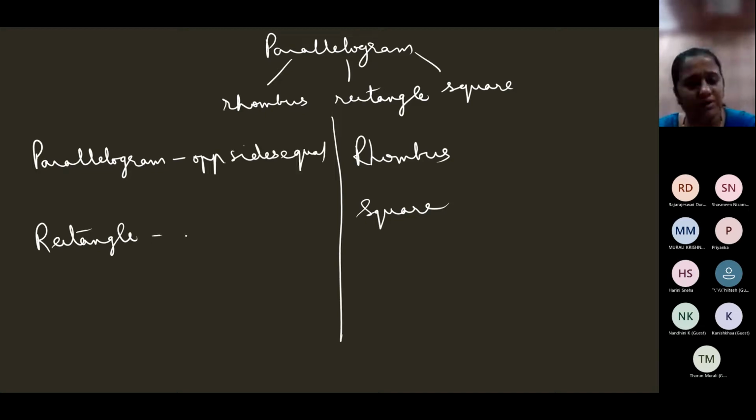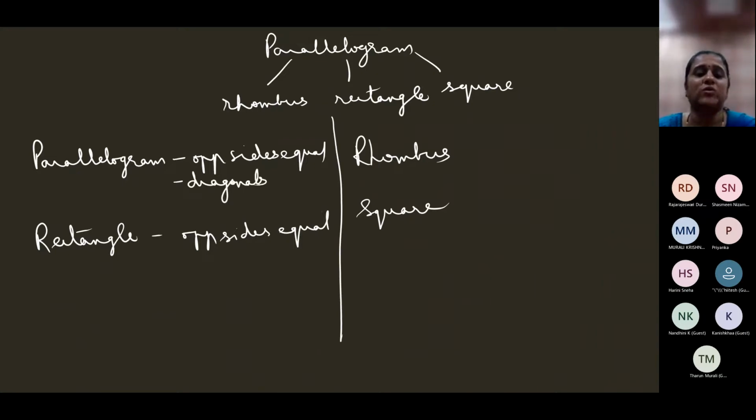In a rectangle also opposite sides are equal. So what's the difference? The difference is in a parallelogram, diagonals are unequal. But in a rectangle, diagonals are equal. That is the difference between a rectangle and a parallelogram.